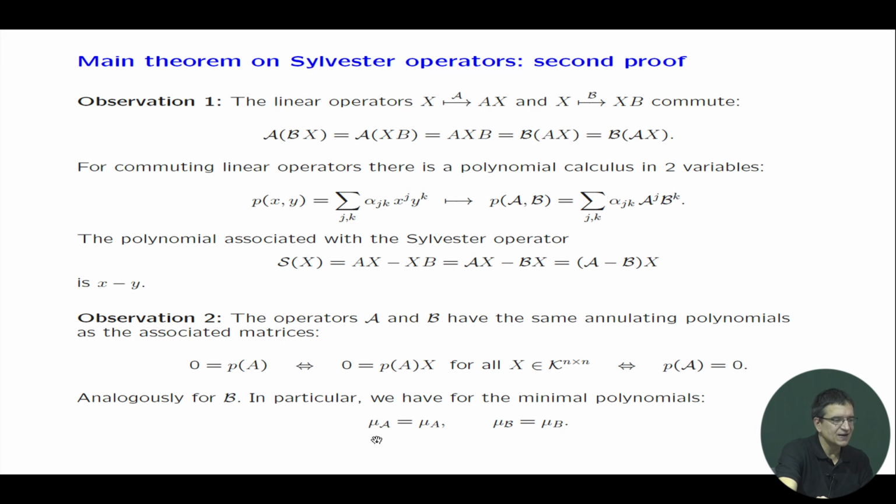So script A and the matrix A have the same annihilating polynomials, and so the minimal polynomials are also equal.